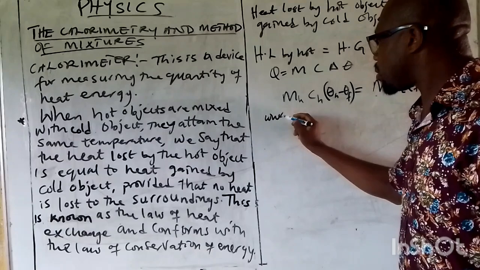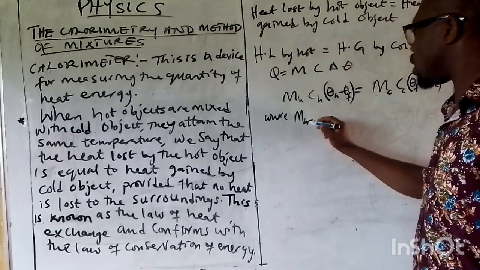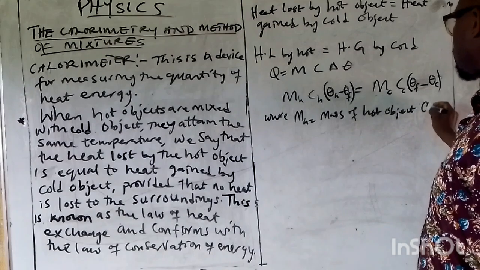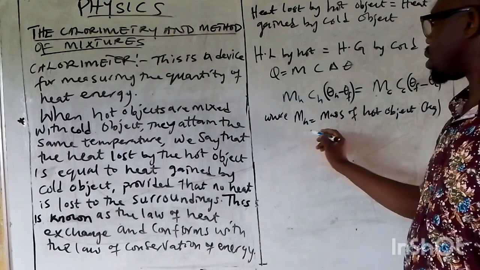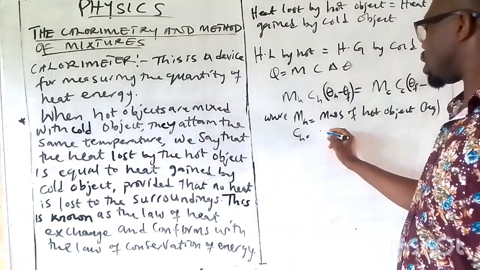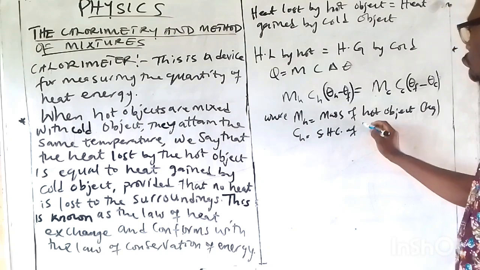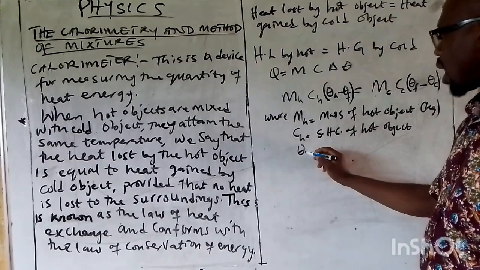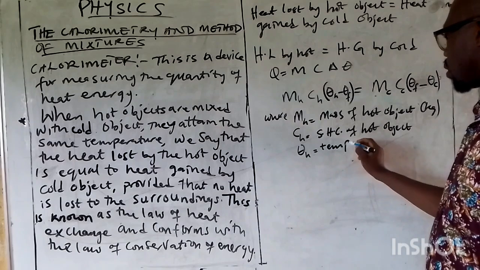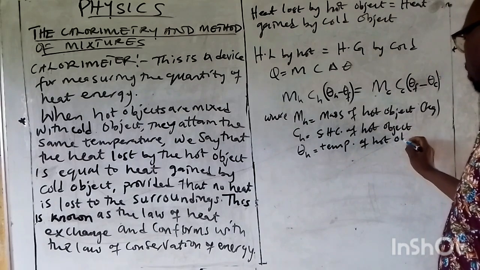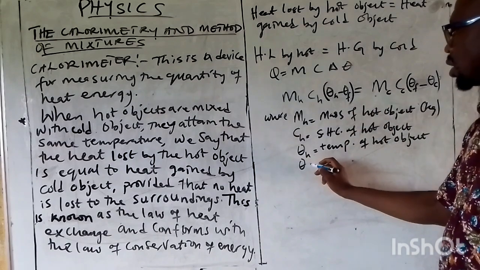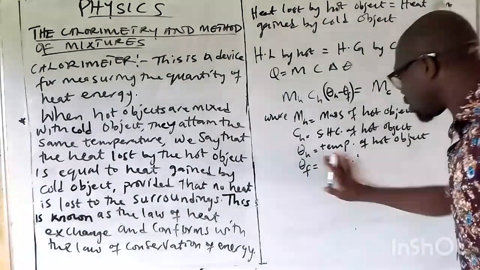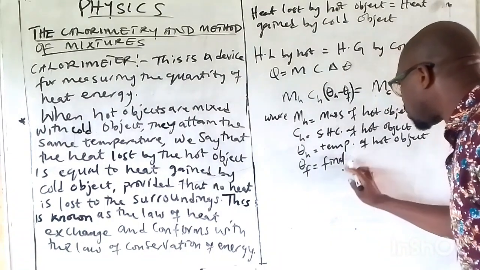So where mH is mass of hot object, measured in kilogram; cH is specific heat capacity of hot object; theta H is temperature of hot object; theta F is the final temperature.